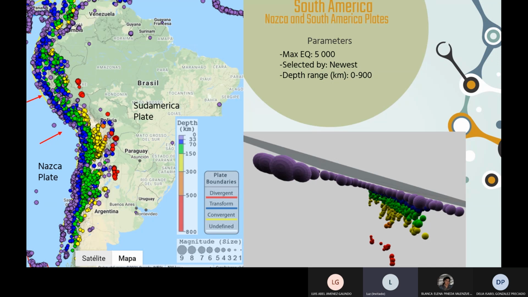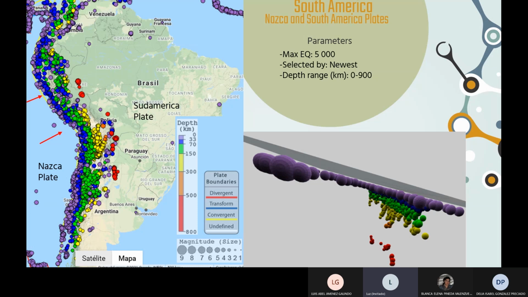Hi guys, I'm Luz. Here we have the South America subduction zone, where the Nazca plate subducts under the South American plate. First, we can see that most earthquakes are relatively shallow, and these shallow earthquakes are at a shorter distance from the trench.